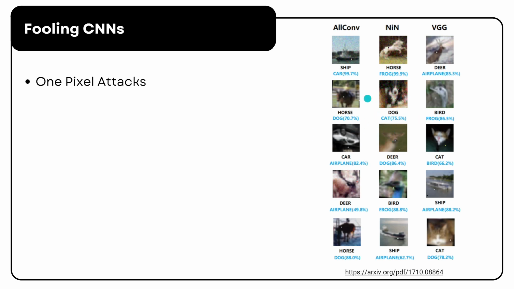As a computer vision engineer or a deep learning practitioner, our challenge is to build models that are not just accurate but also robust against these kinds of simple attacks. You can read more in this work. This is an arXiv paper on adversarial attacks.